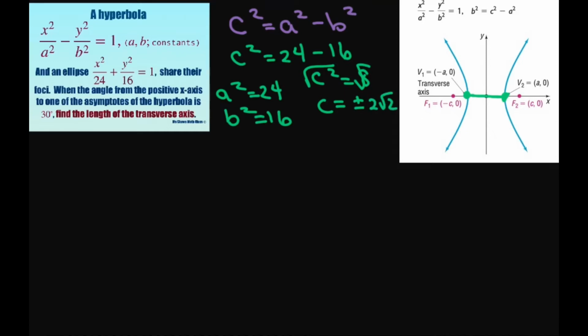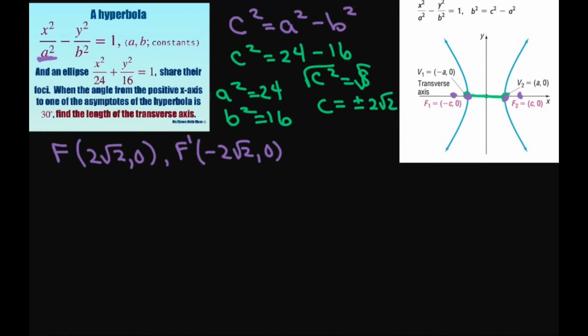So they share the foci at F, 2 square root of 2, comma 0. It's on the x-axis because x is the lead, and that means our transverse axis is horizontal. Here's where your foci go, and F prime is negative 2 square root of 2, comma 0.